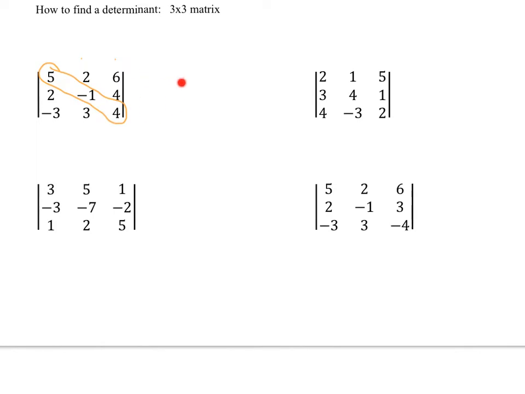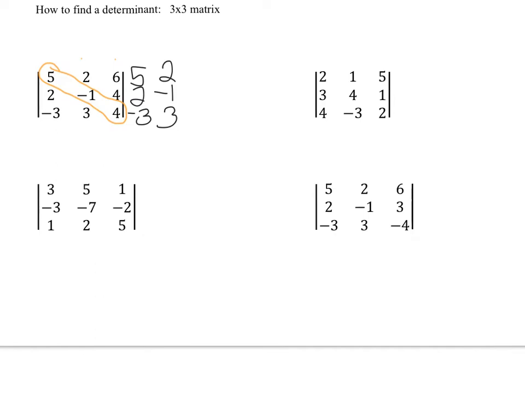So I'm going to add in some values over here: I'm going to take this first column and rewrite it here, and this second column and rewrite it next to it. So it's going to end up looking like we've got 5, 2, and -3, and then 2, -1, and 3. That way we can go down these diagonals and multiply.